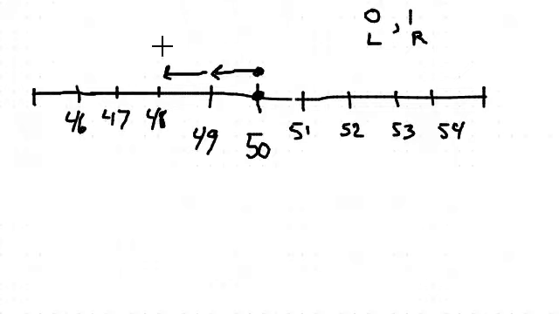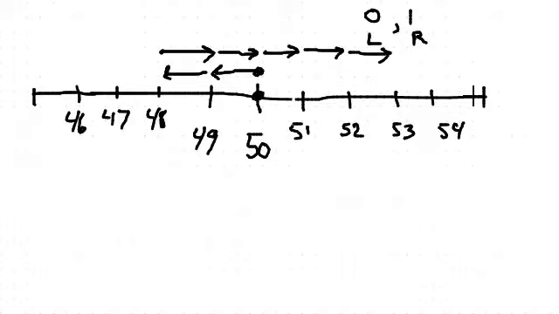Let's say 1 comes up this time, and then we go back to 49, and then we do it again, and let's say it's a 1, and we get another 1, and then another 1. Let's say we get a bunch of rights in a row.